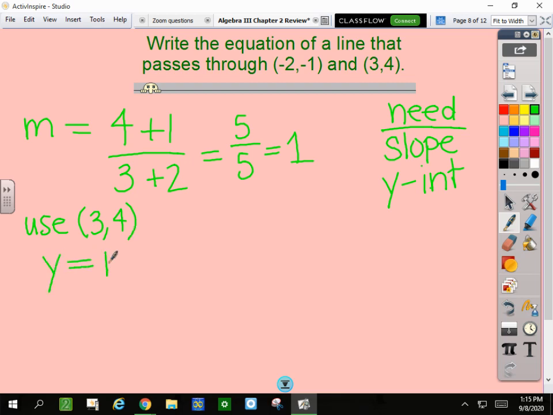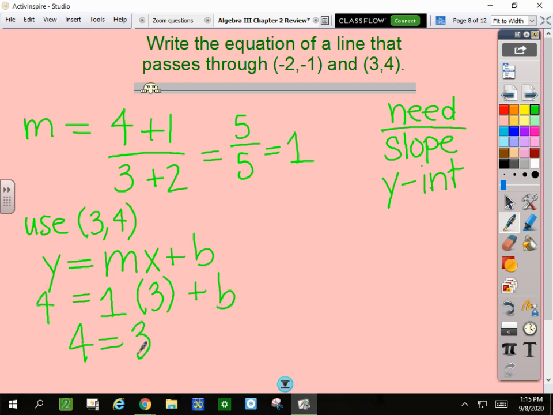So once again, I'm using y equals mx plus b. I know that my slope is 1, and when x is 3, y is 4. So 4 equals 3 plus b. If I subtract 3 from both sides, I get that b is 1. I went kind of quickly there with that algebra, so you might want to roll that back and see it. But we were given 2 points, so we found the slope.